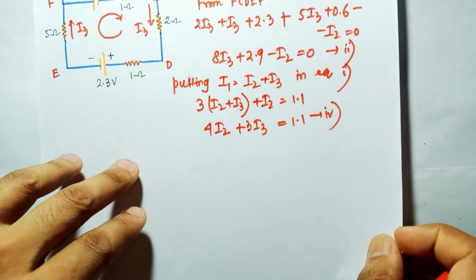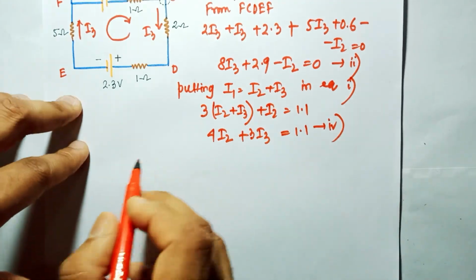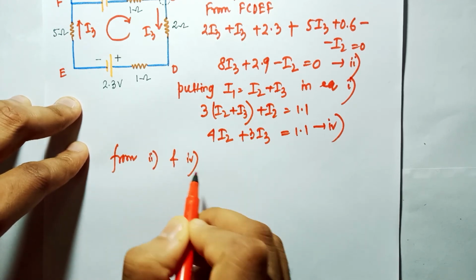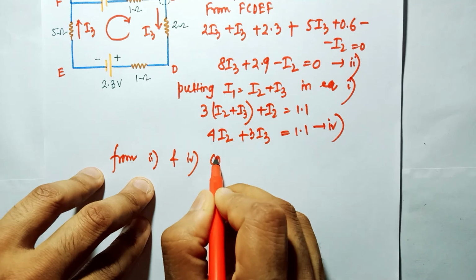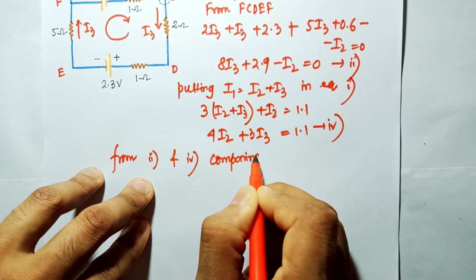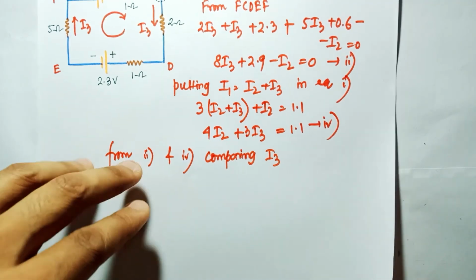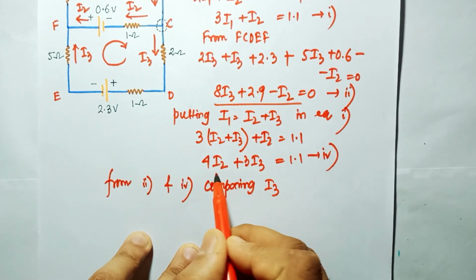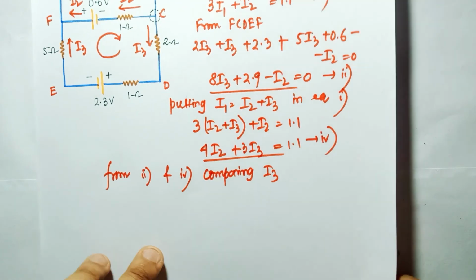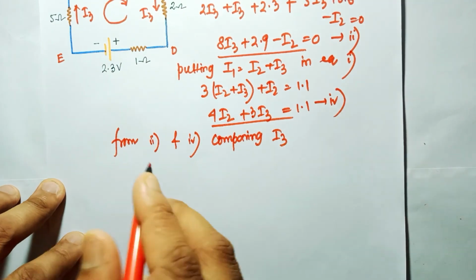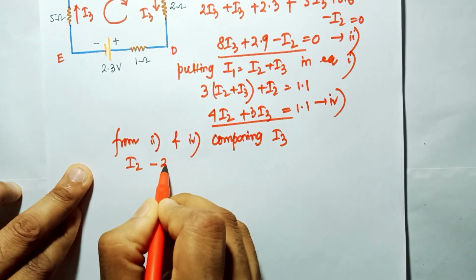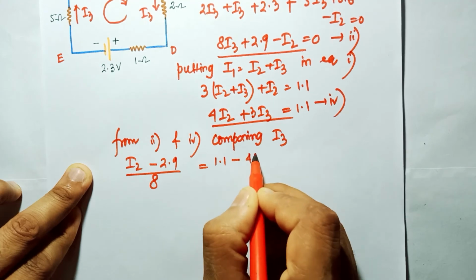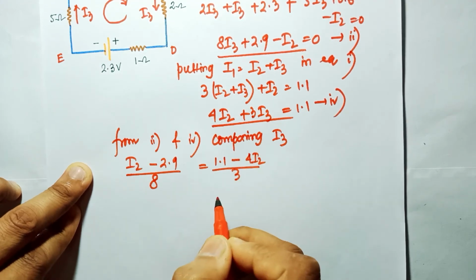So now from 2 and 4, comparing I3. You can see this is equation number 2 and this is equation number 4. So from 2 and 4, comparing I3, you can write that I2 minus 2.9 divided by 8 is equal to 1.1 minus 4 I2 divided by 3.